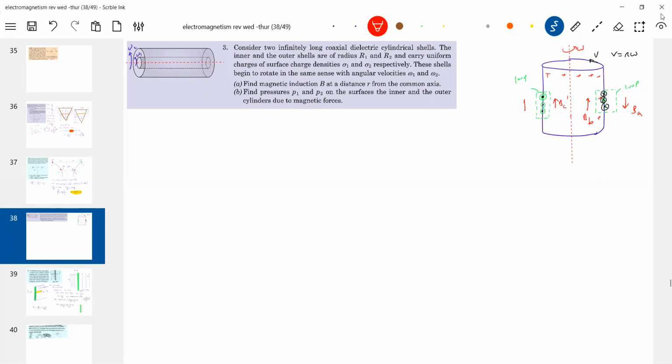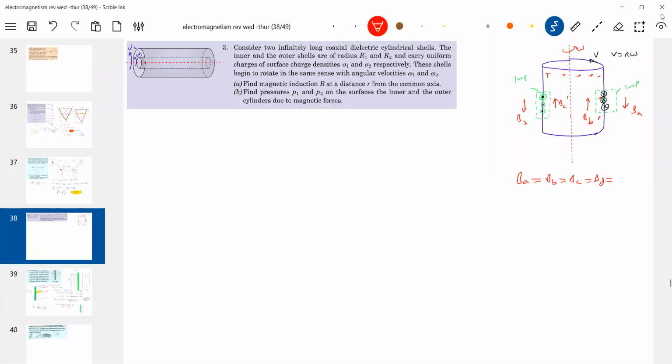BC. Sir, the field should be 0 outside the cylinder. Okay, I'll show 0, how it is 0. Okay, now look at this. What is the magnitude of this? BA, BB, mu naught. What shall I write?